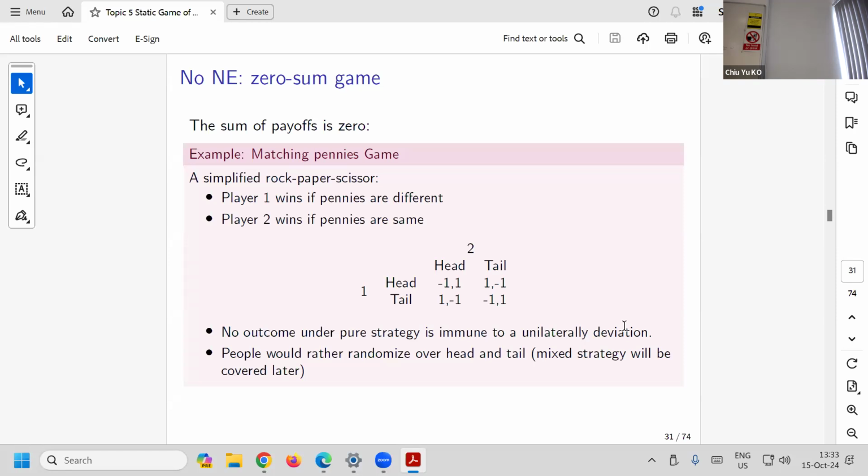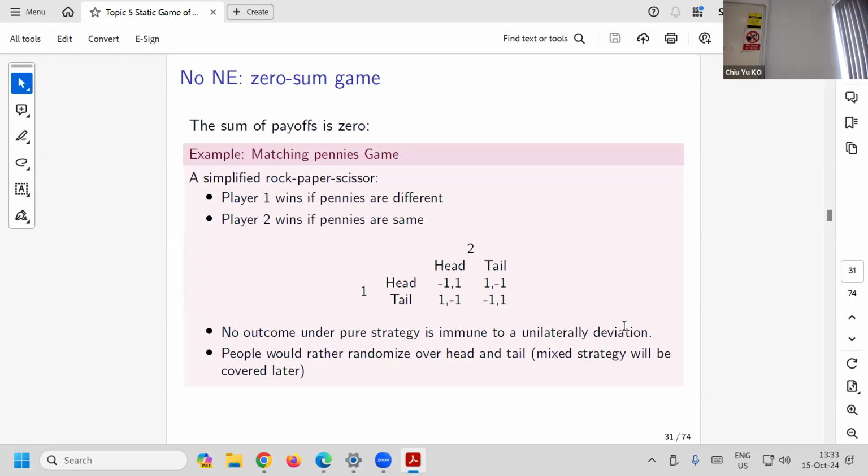You can easily check each outcome. No outcome is a Nash equilibrium. Why? Check head and head: player 1 wants to become tail. And tail tail, player 1 wants to become head. And tail and head, player 2 wants to become head. If player 1 gets -1, the outcome they want is to change.